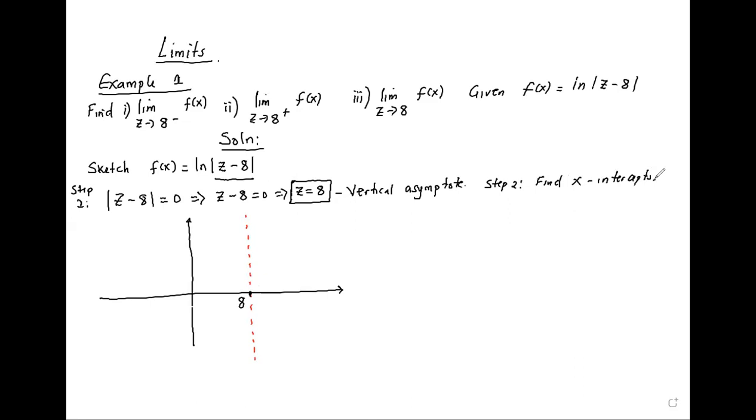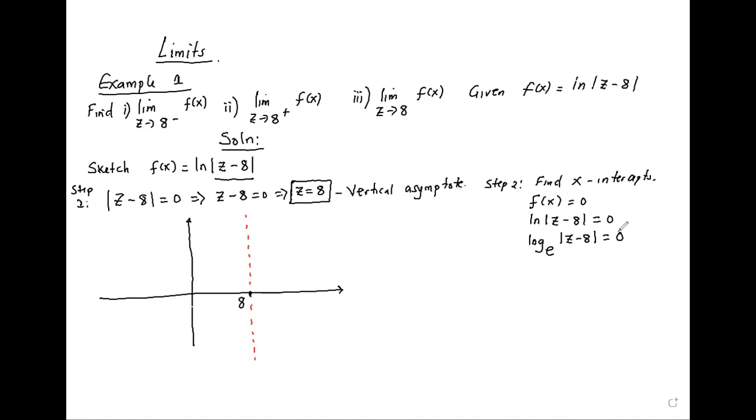On this question, we are also learning how to graph the log functions, and also how to solve the log equations. Because for us to get the x-intercept, we equate f of x to 0 and solve. That is ln of z minus 8 is equal to 0. And what is ln? Ln is log base e.